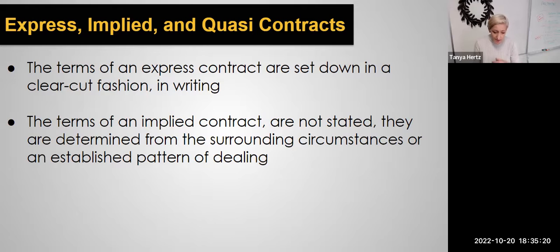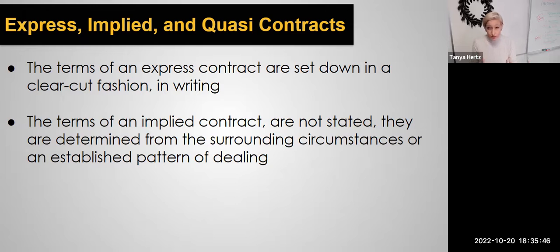contract is a contract that is expressly understood, it's clear cut, it's in writing. Certain contracts must be in writing in order to be enforceable, and all contracts should be in writing, but just because they are in writing does not necessarily mean that they need to be written in a standard business contract in order to be an express contract.